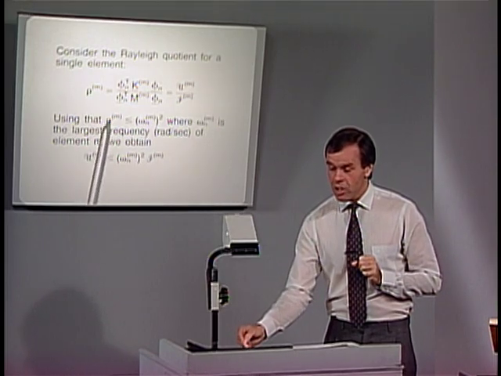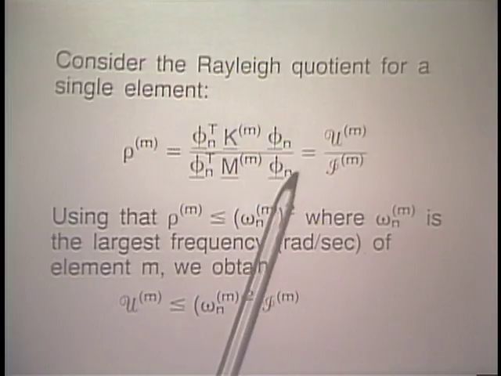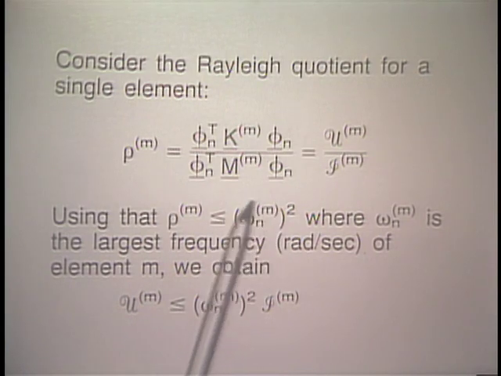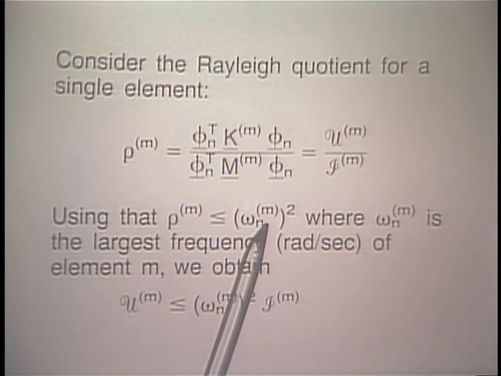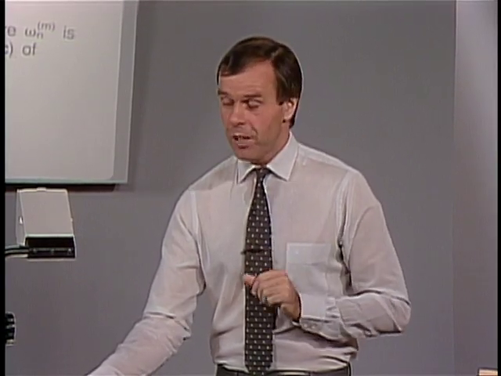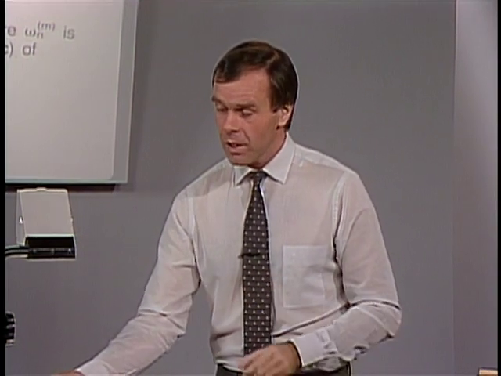This is a relationship that must hold because the Rayleigh quotient theorem tells us that this must hold. And once again, please look up in the textbook a general proof. There's a general proof given that, in fact, this is a valid statement.